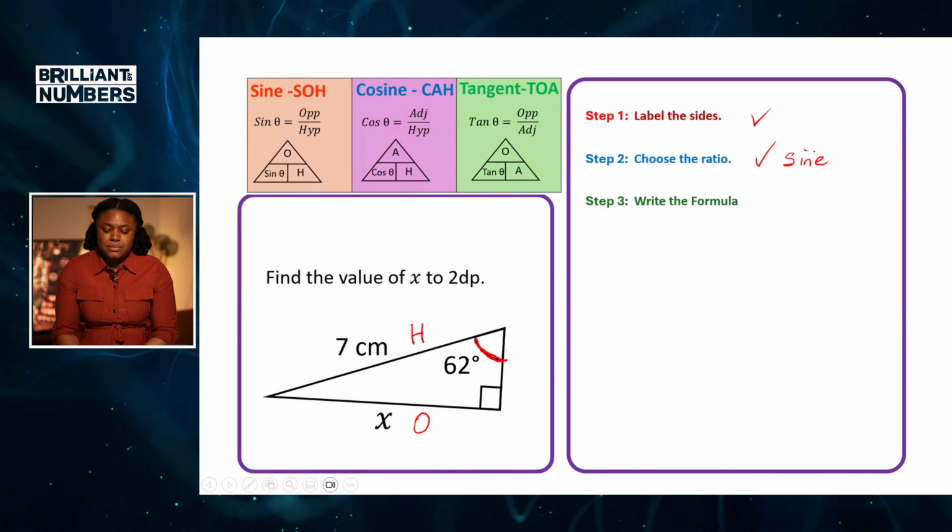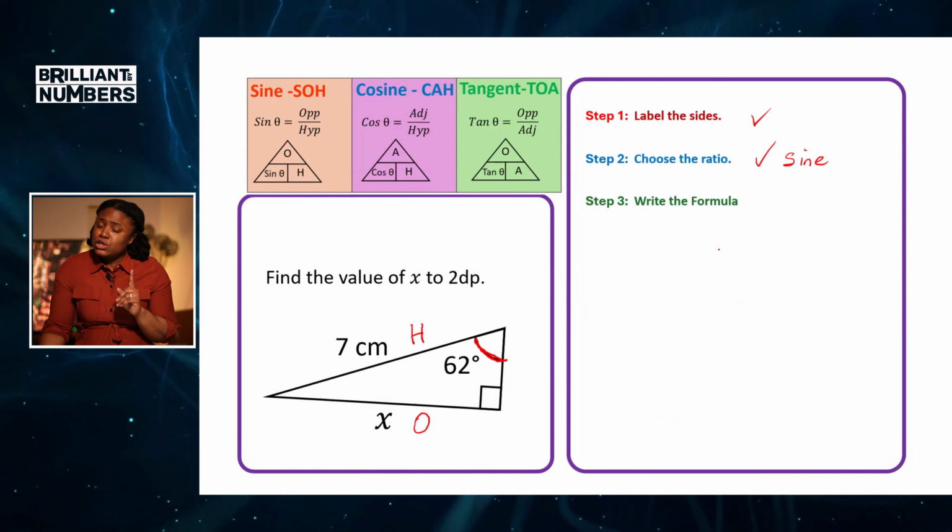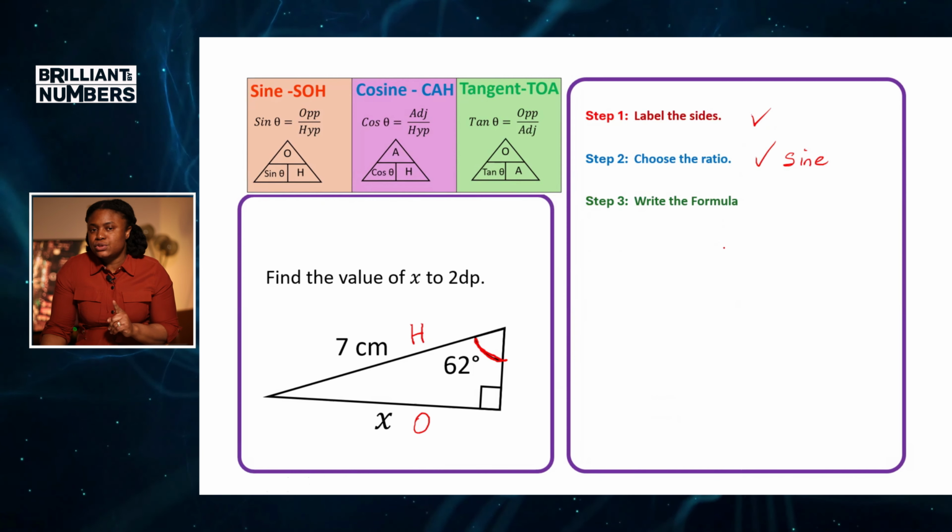I go along to my third step. I now need to write my formula out. Now, a good practice when you are learning new content is to always write your formula for every single question and then substitute into that formula. The reason you're doing that is to embed that formula. Remember, we discussed that not all formulae are given on exam papers.